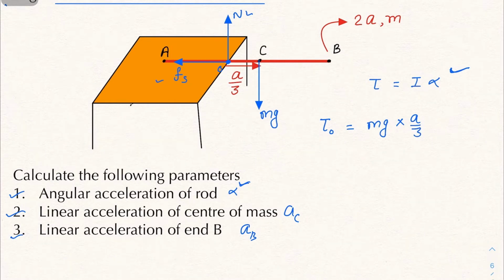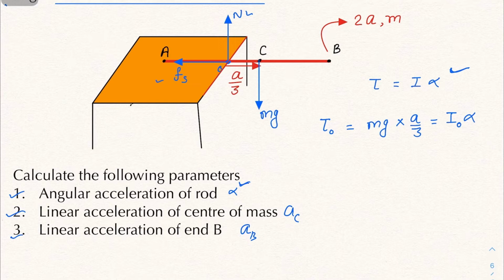And this torque has to be I alpha. The axis of rotation passes through the point O, so I need the moment of inertia about O, the same fixed axis, multiplied by the angular acceleration alpha.